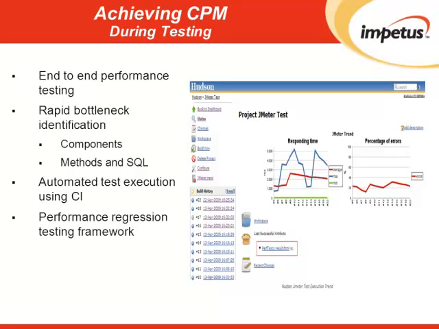These tests can be added to the continuous integration servers for the automatic execution. This provides an automated framework for the execution of performance tests and the result generation. You can see on your screen a sample Hudson screenshot where we have used a JMeter plugin to integrate the entire performance testing suite with our CI server.